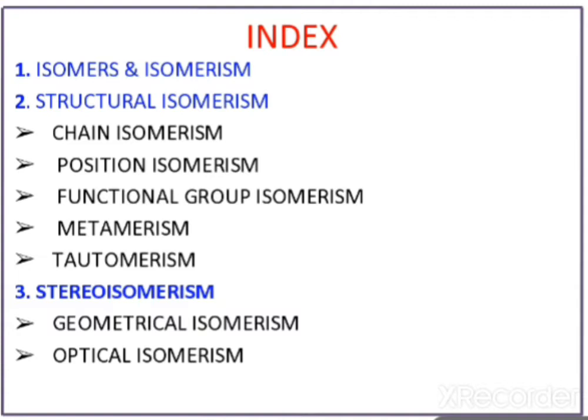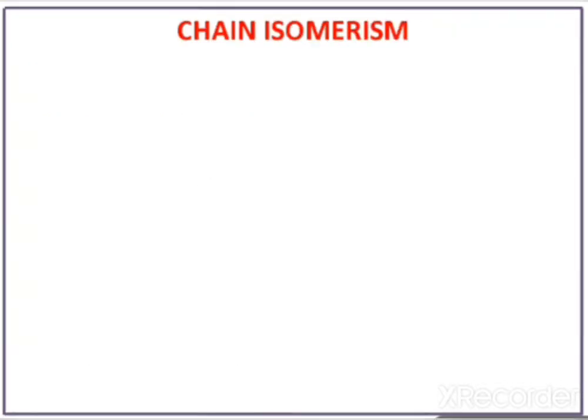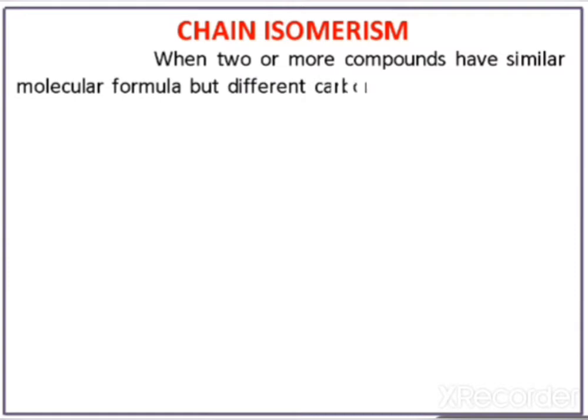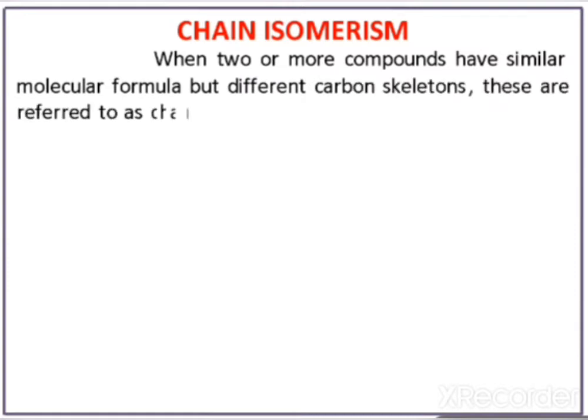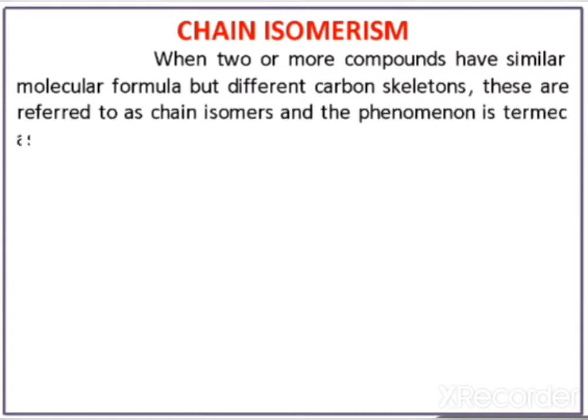So first is structural isomerism, that is chain isomerism. In chain isomerism, see the definition: when two or more compounds have the same molecular formula but different carbon skeleton, these are referred to as chain isomers, and the phenomenon is termed chain isomerism.